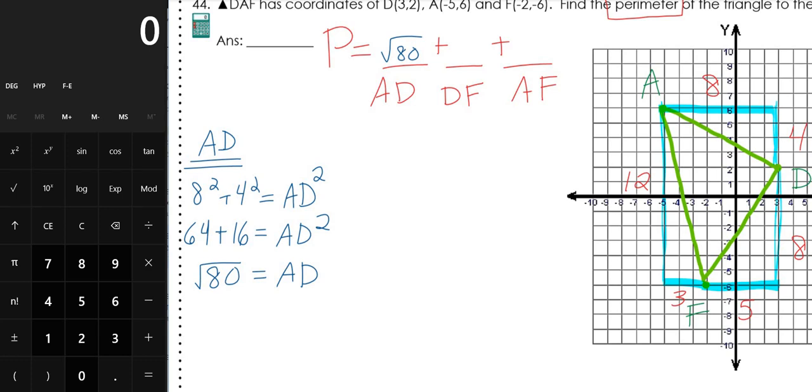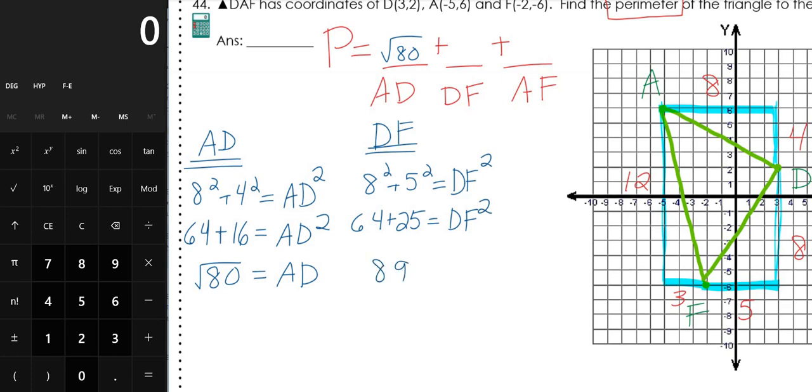The next one that I'm going to do is DF. So for DF, I have lengths of 8 and 5. So it's going to be 8 squared plus 5 squared equals DF squared. 64 plus 25 equals DF squared. 64 plus 25 is 89. We'll square root that at the end, and it leaves us with DF. And then lastly, I need AF. I'm going to give myself a little bit more room to write.